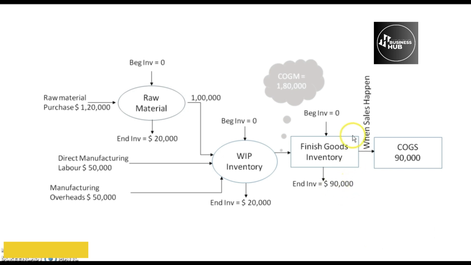So, this is the total inventory you have at the end of the year: $20,000 worth of raw material inventory, $20,000 worth of work in progress inventory, and $90,000 worth of finished goods inventory. This goes into the balance sheet. Whereas this figure, that is $90,000, half of what you have completely produced, goes into COGS.